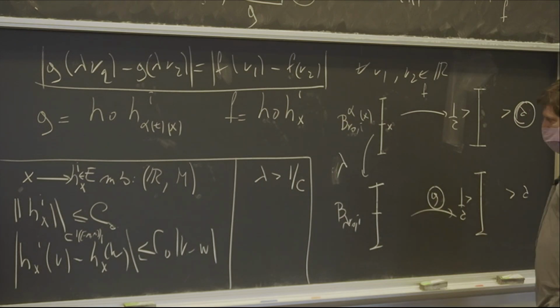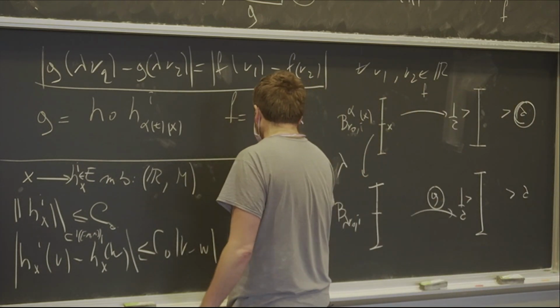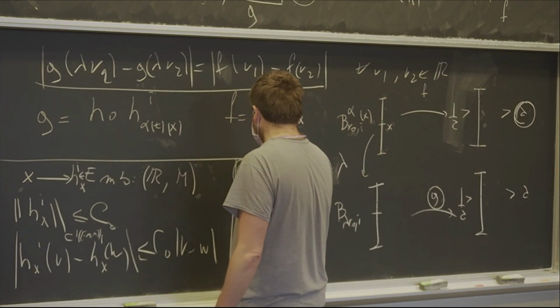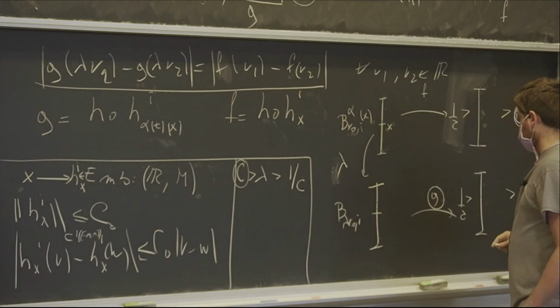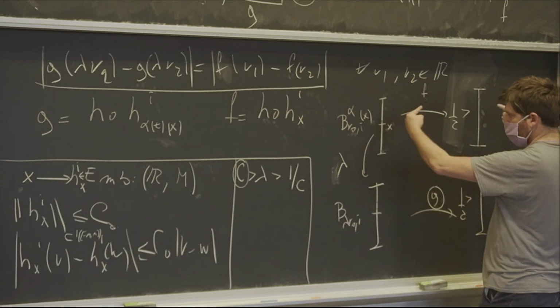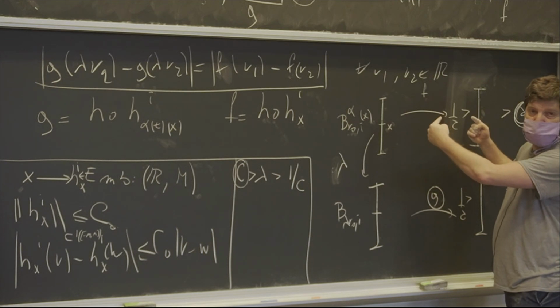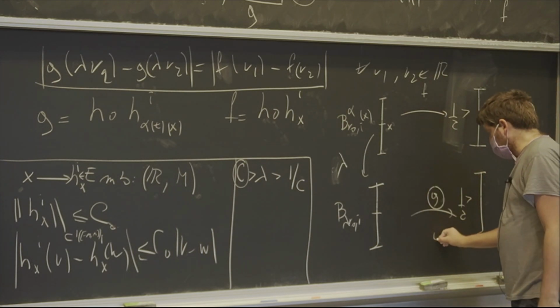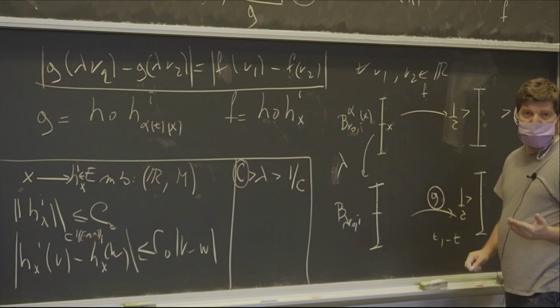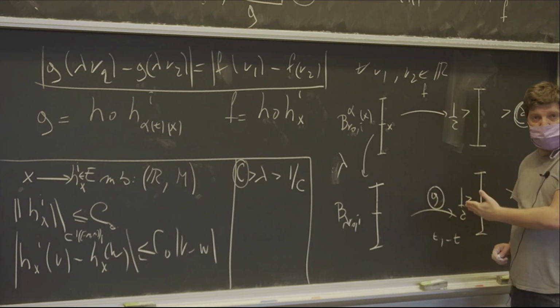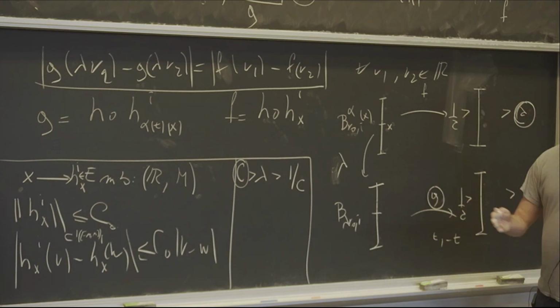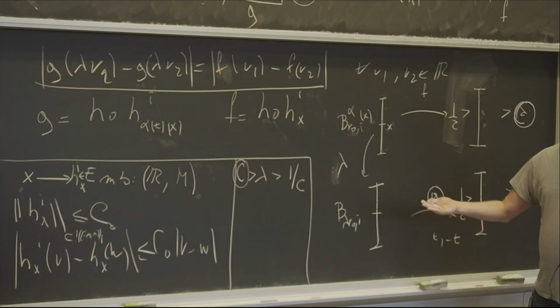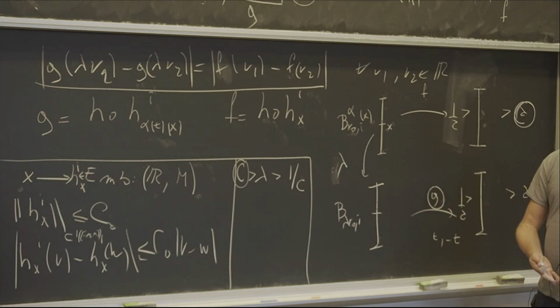Now, why will lambda also have to be smaller than a constant c? Essentially, you go the other way around. You just apply the very same thing we just proved, instead for minus t, and instead for the point x, for the point alpha t of x. And then if lambda were too large, then when you take the inverse, lambda will be too small.